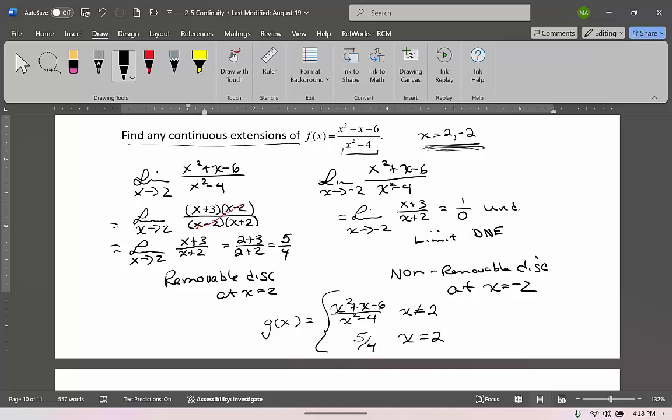That makes this function continuous at 2, but we cannot remove the discontinuity at negative 2 because it is a non-removable discontinuity.